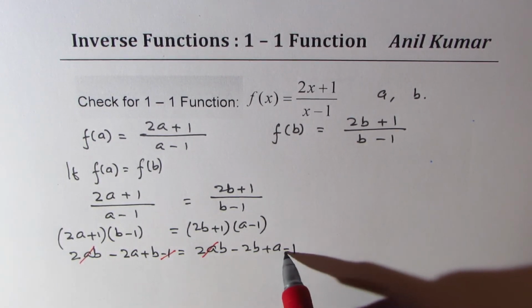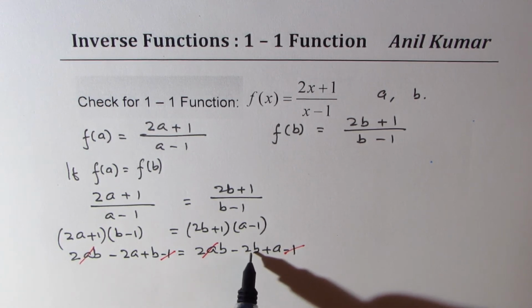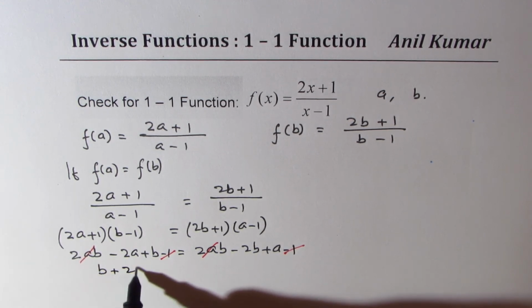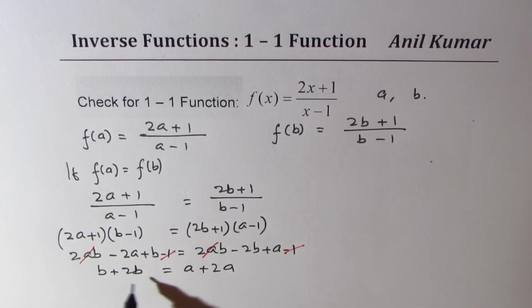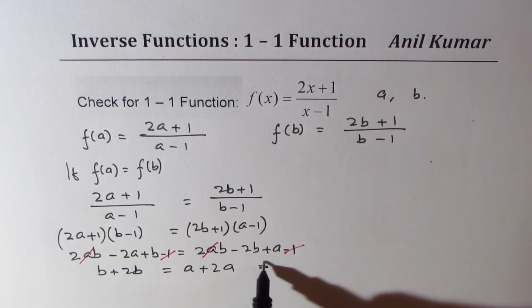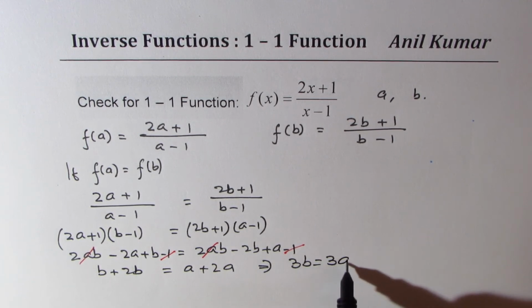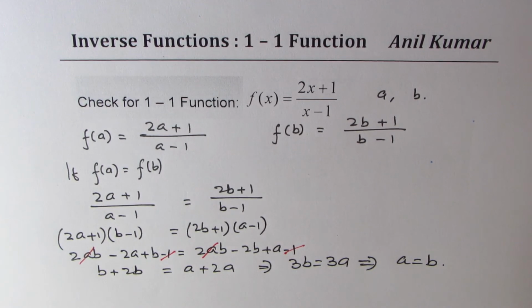So we are left with, bringing b's to one side and a's to the other side, b plus 2b equals a plus 2a, and that implies that 3b equals 3a, and that means a equals b. Do you see that?